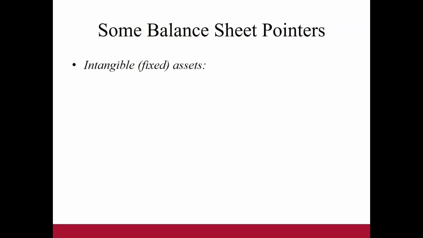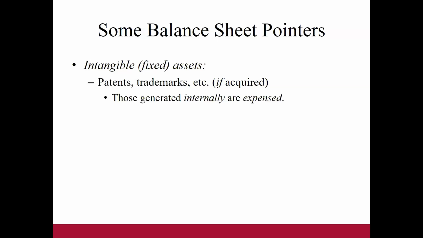What I want to do is talk very quickly about some other non-traditional assets that you see on the balance sheet. One type of fixed asset that you will see on the balance sheet, which is an intangible one, is patents. Here's something interesting. You will only see patents on the balance sheet if they were acquired.